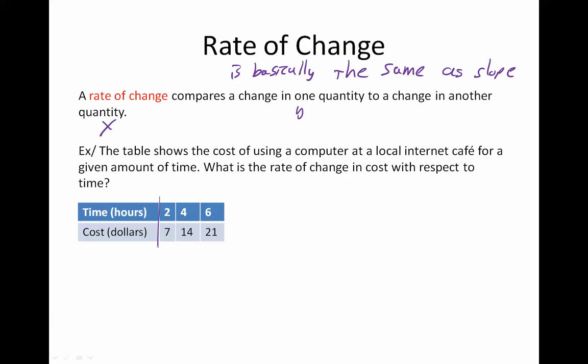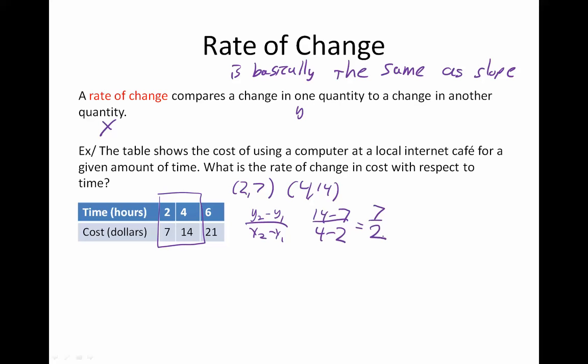If I look at these two numbers, I can see 2 points, 2, 7, and 4, 14. Okay, the time being our x, the cost being our y. And I can find the slope between these 2 points. y2 minus y1 over x2 minus x1 gives me 14 minus 7 over 4 minus 2, which is 7 over 2, which as a decimal is 3.5, right?